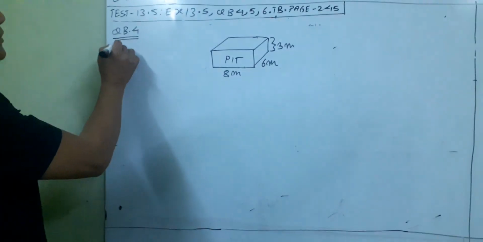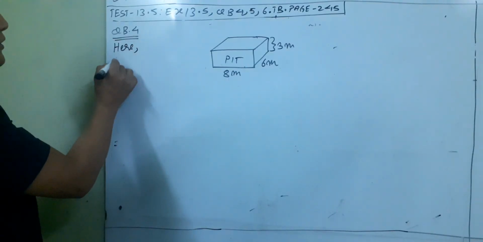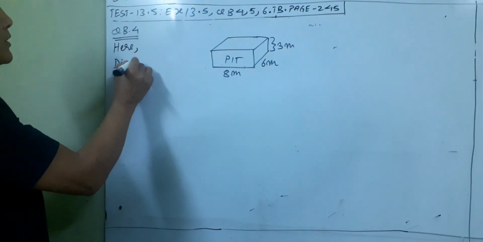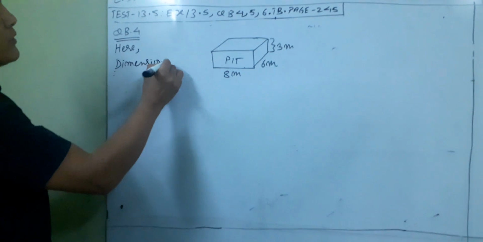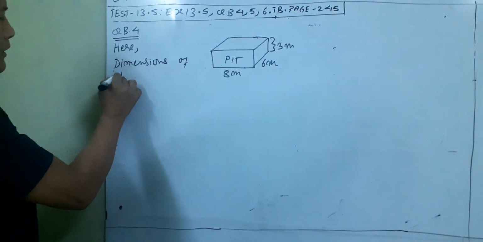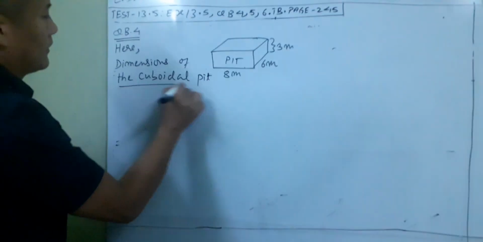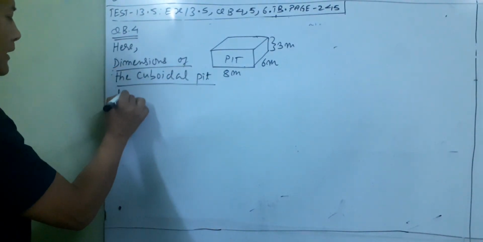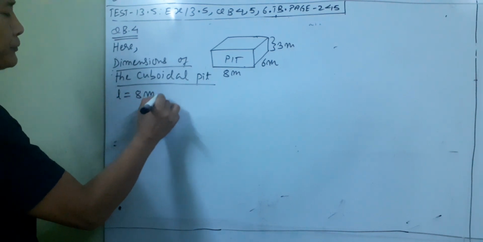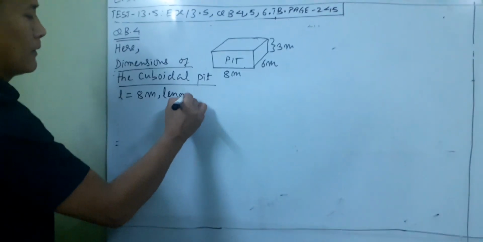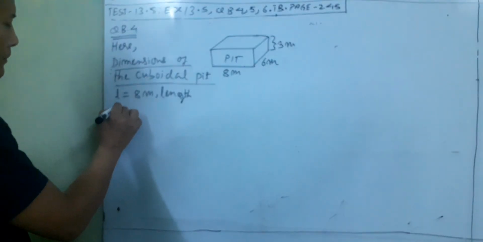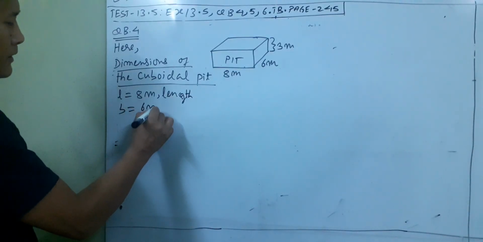As we read the question, we get this information. Here, the dimensions of the cuboidal pit. As we can see, the length is 8 meter, then the breadth is 6 meter.